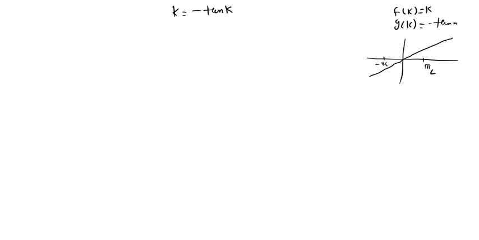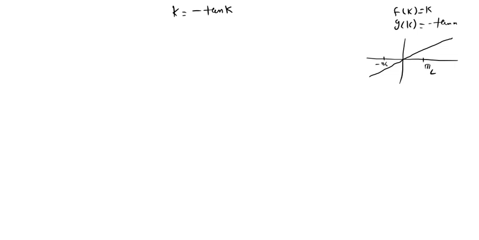And how do you solve that? You draw the graph of two functions. The left hand side is f(k) equal to k, and the right hand side is g(k) equal to minus tan k. On the same graph, tan k goes from minus infinity to plus infinity between minus pi by 2 and plus pi by 2, and minus tan k will be the reverse of that.